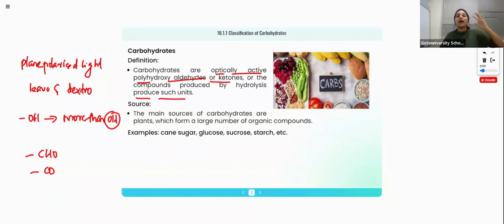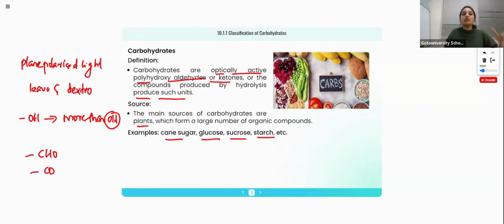Got it? So carbohydrates are optically active, contain hydroxyl group, then aldehyde or ketone group, depending. Then what is the source? We know that the source, importantly, is plants. Then what is the main example for this type of carbohydrates? Cane sugar, glucose, sucrose, starch, all of them are examples of carbohydrates.